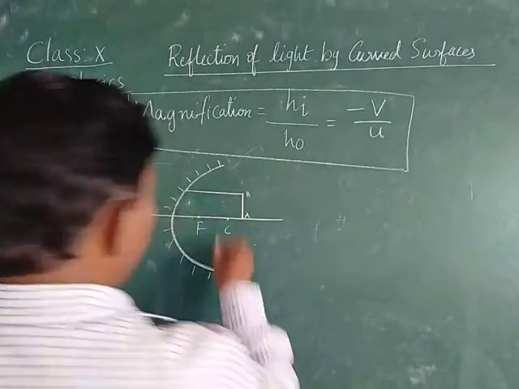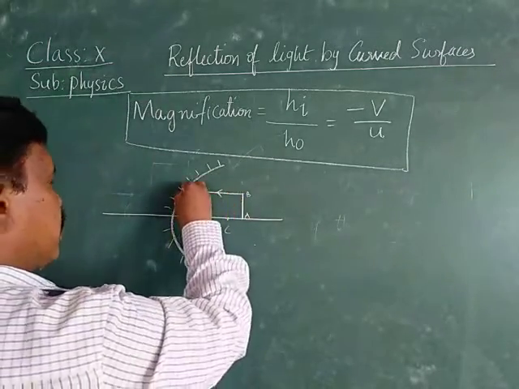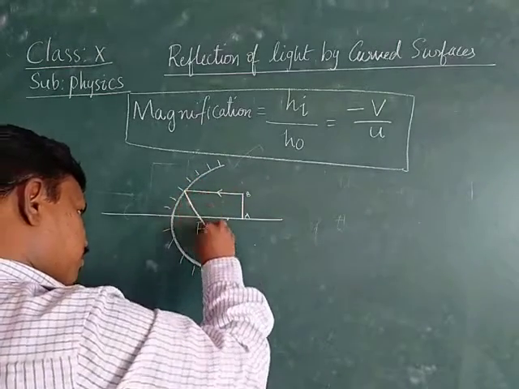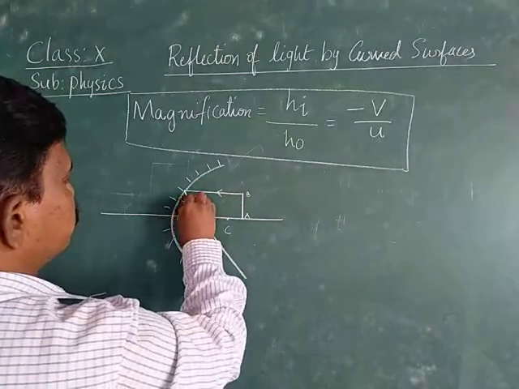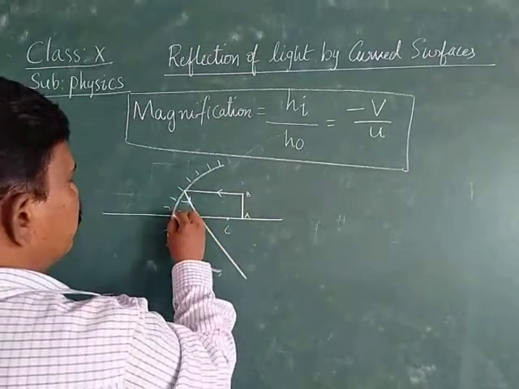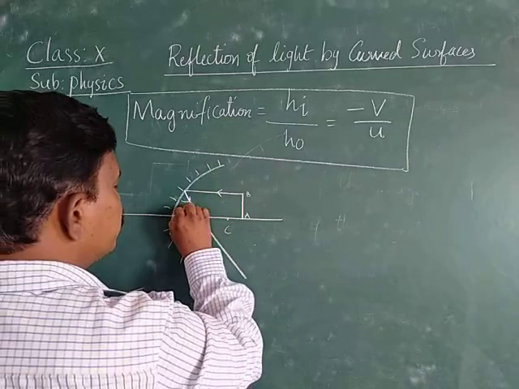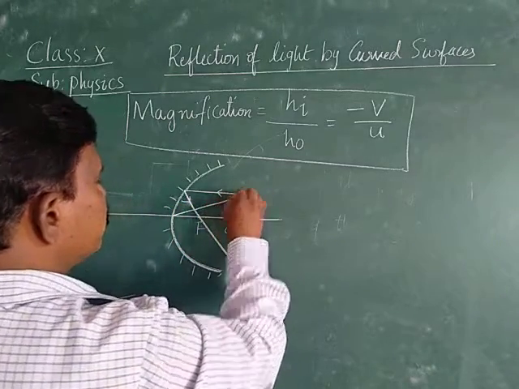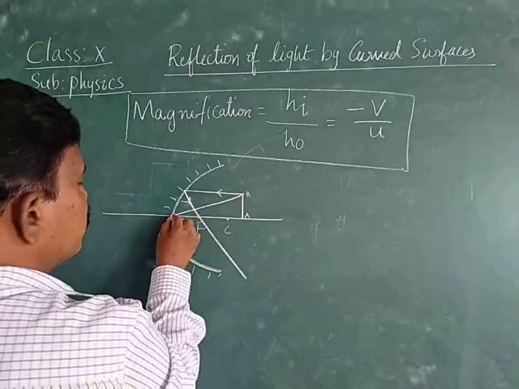A light ray travels parallel to the principal axis. After reflection, it passes through the focal point. This is the fourth rule I am using here.